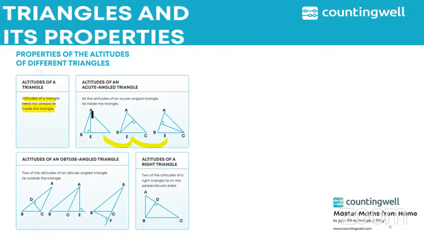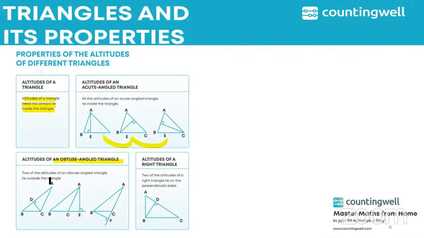So you can see the altitude AE, which is joining the vertex A to the opposite side BC. Then the altitude from B and the altitude from C. All these altitudes lie inside the triangle ABC. Now let us see the altitudes of an obtuse angle triangle.